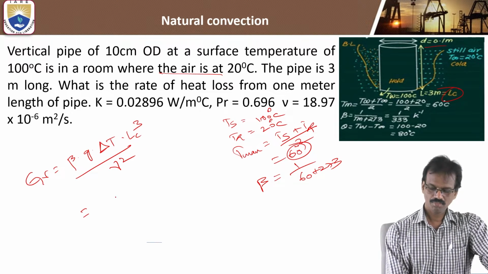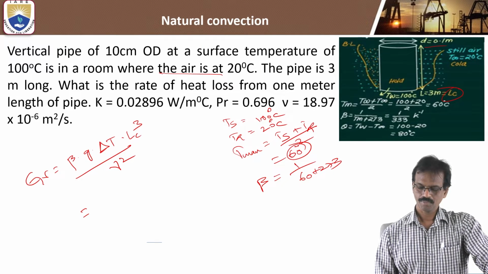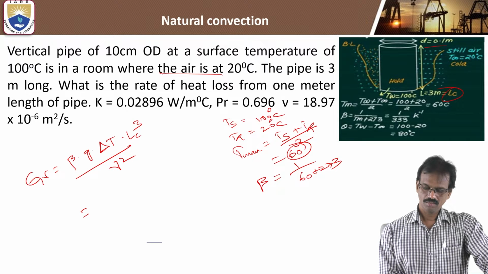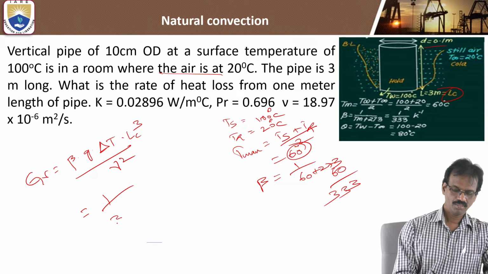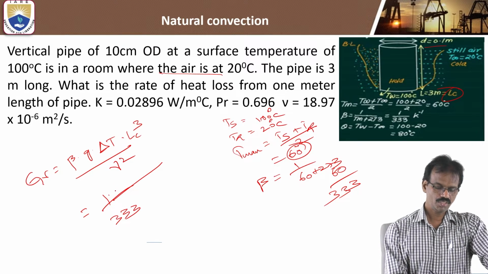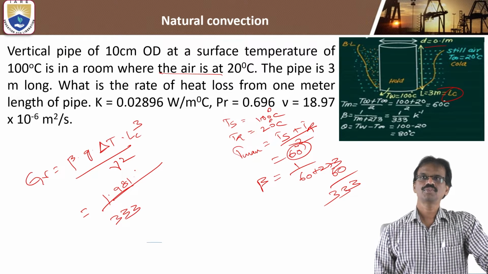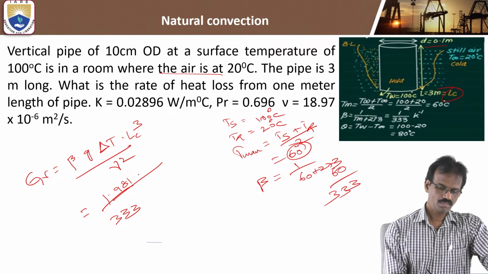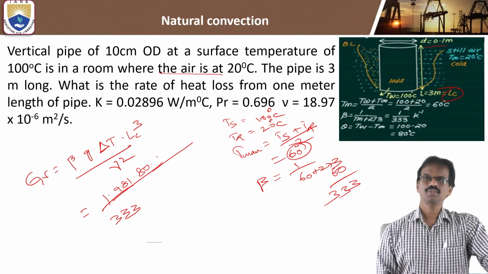Beta is 1 by 60 plus 273, so 1 by 333, into g, the acceleration due to gravity, 9.81, into delta T, the temperature difference 100 minus 20, that is 80, into LC cube.